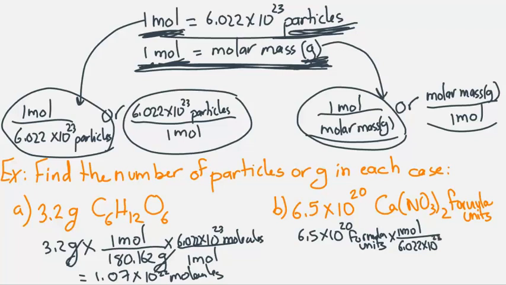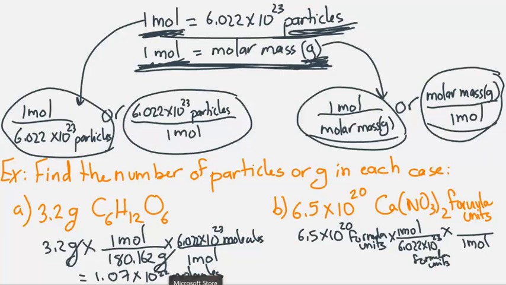6.022 times 10 to the 23 formula units, times, last one, I need to change into gram. So mole into gram. I choose the second one here because mole is up, so I need to write mole down. And the molar mass of calcium nitrate: calcium is 40.078 plus nitrogen.